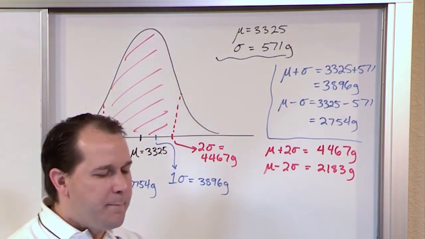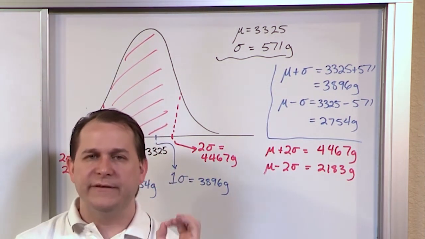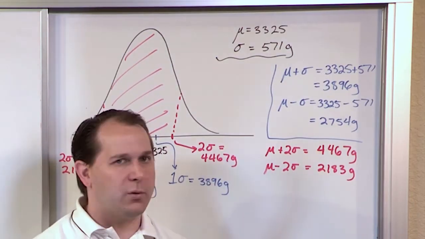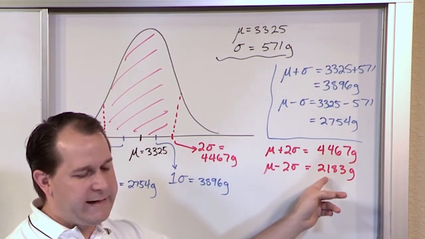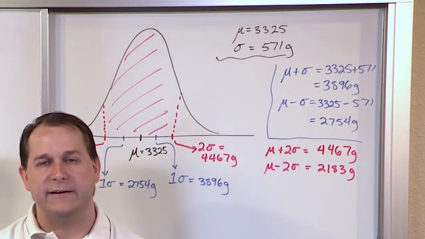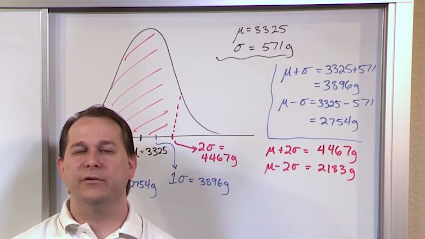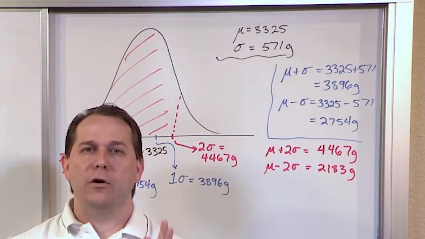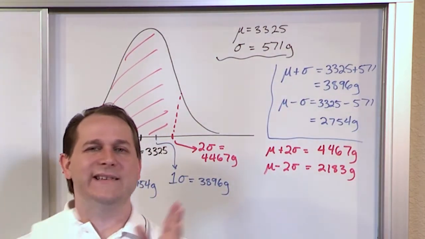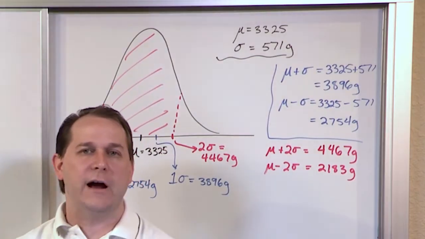These numbers here match in my problem. It says, what percentage of newborns weigh between or have a mass between 2,183 grams and 4,467 grams? It just so happens that these numbers that we're asked to figure out what percentage lie between are exactly 2 sigma, 2 standard deviations on either side of my mean.